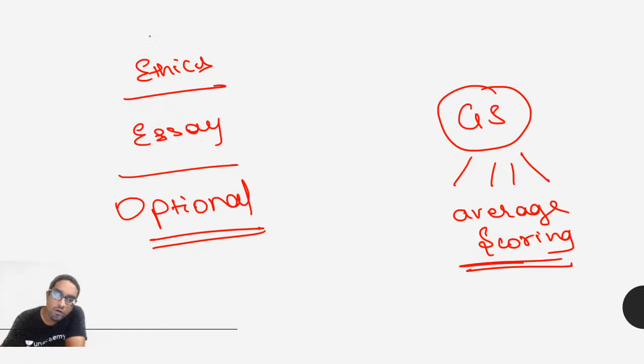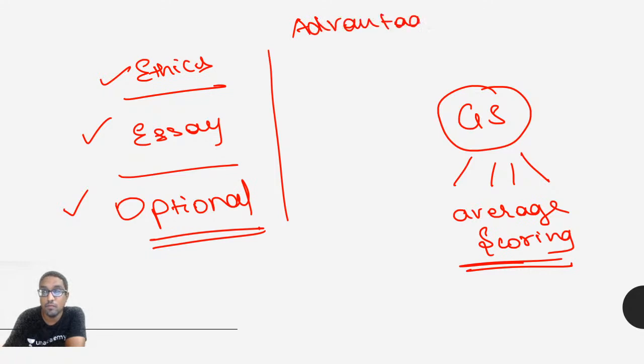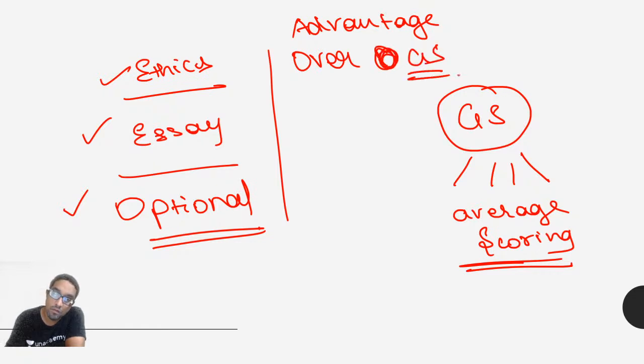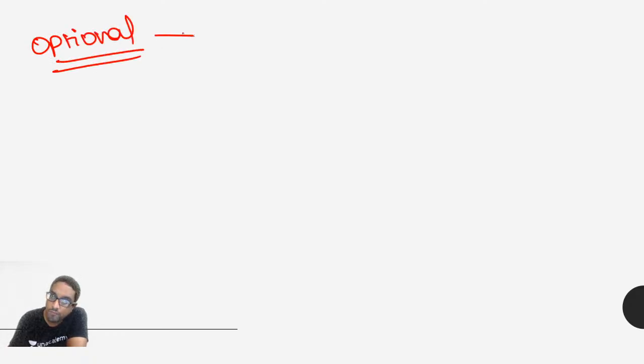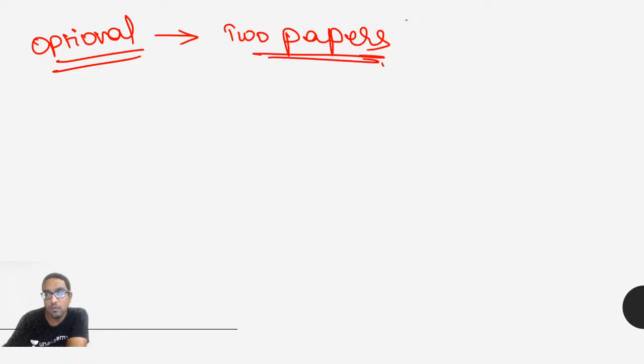It is only your optional, essay and ethics which ends up giving you an advantageous position over GS, particularly with optional. Now, most of you know that this is compulsory. There will be two papers, in a general sense, 4 parts.